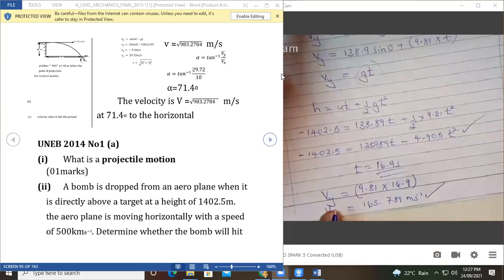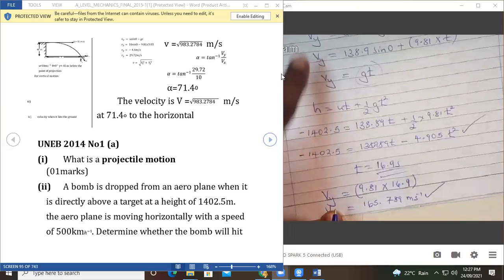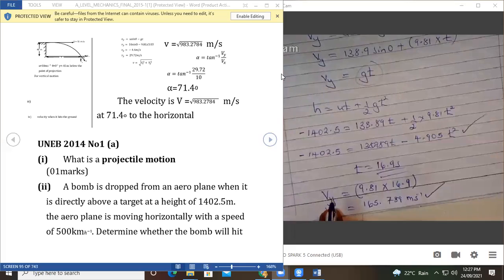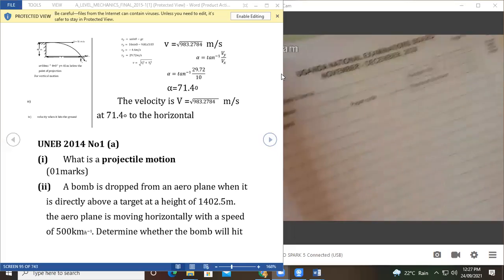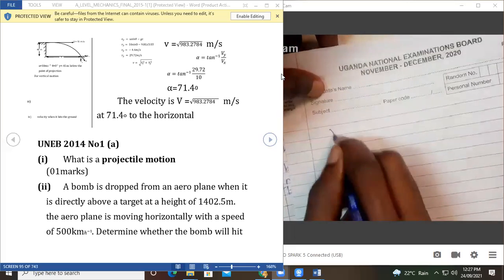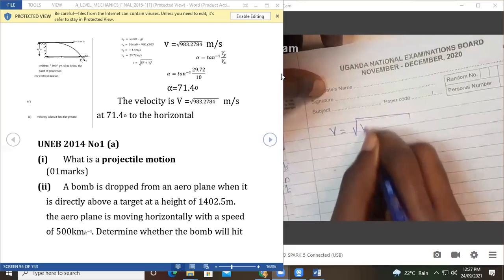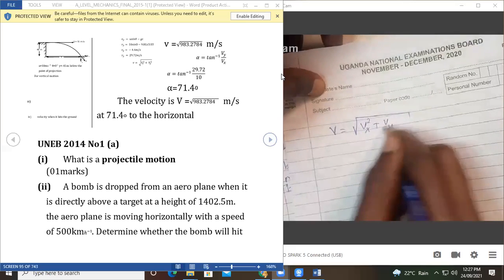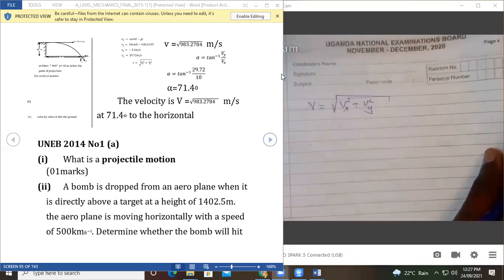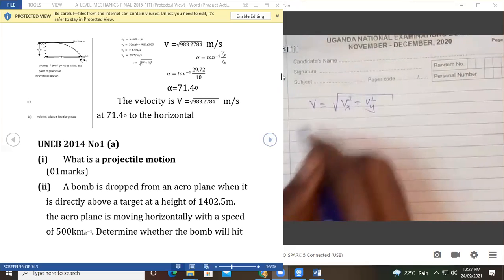Then Vx is there. But we said to get the final velocity with which it will hit the ground, there you use Pythagoras theorem. So V is equal to the square root of Vx squared plus Vy squared. Then remember, velocity is a vector quantity.